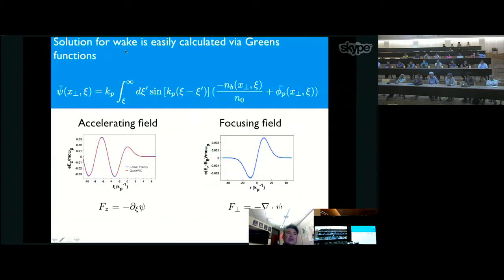The solution for the wake is then easily calculated via Green's functions. So here is what the wake function is. I use the Green's function and integrate over the charge density of the driver or of the ponderomotive potential. This shows, using our simulations, the agreement between linear theory and our codes, and that you get this force by simply taking gradients of this pseudopotential.